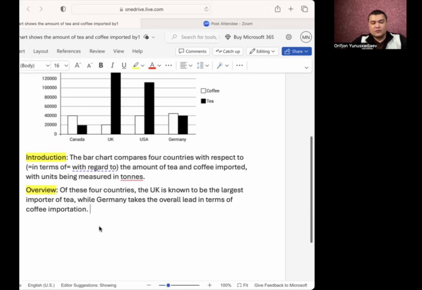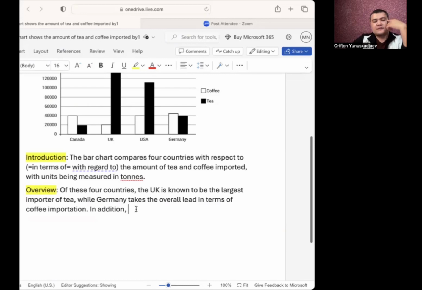So I need a linking word right now to link the first sentence with the second one. I can write the word in addition, right? In addition, furthermore, moreover, etc. So in addition, now I'd like to talk about the least amount of tea or coffee imported. So in the first sentence, I wrote tea, and in the second sentence, I wrote coffee. All right.